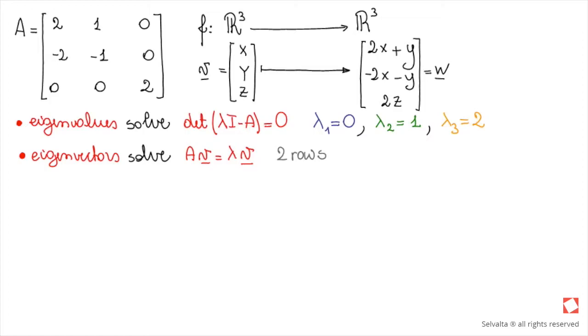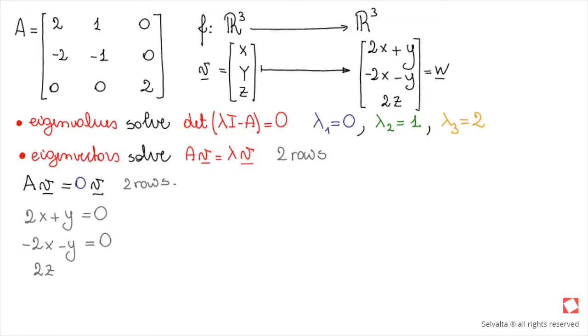Let's find the eigenvectors associated to the first eigenvalue lambda 1. They will solve AV equal 0 times V, 2 rows only. Well, AV gives 2x plus y equal 0 in the first row, minus 2x minus y equal 0 in the second row, 2z equal 0 in the third row. This is the system. And it immediately gives you that the third component has to be 0.